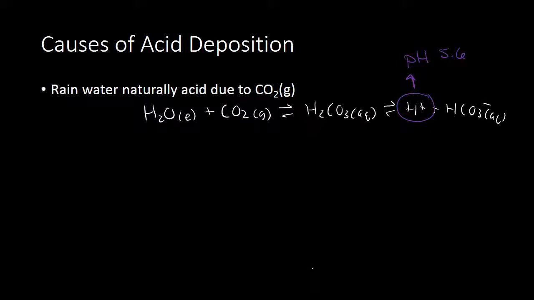So we know our natural rain is 5.6. Well, what is acid rain? Acid rain is a solution that has a pH less than 5.6. That means you have additional acids within that rain.